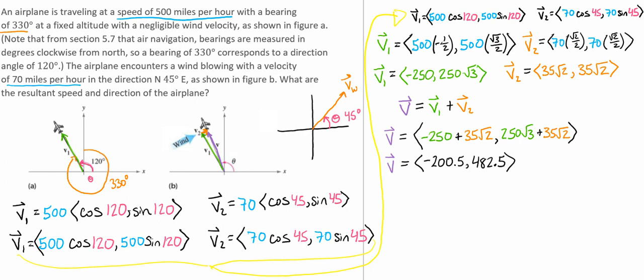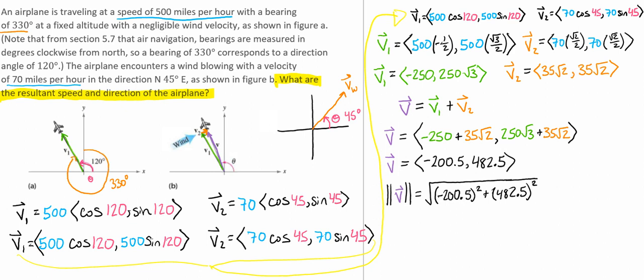Now we're able to finish solving our question, which is what are the resultant speed and direction of the airplane, which means we're looking for the magnitude and our direction angle. To find the magnitude of vector v, we plug our components into the magnitude formula, which gives us the square root of negative 200.5 squared plus 482.5 squared.